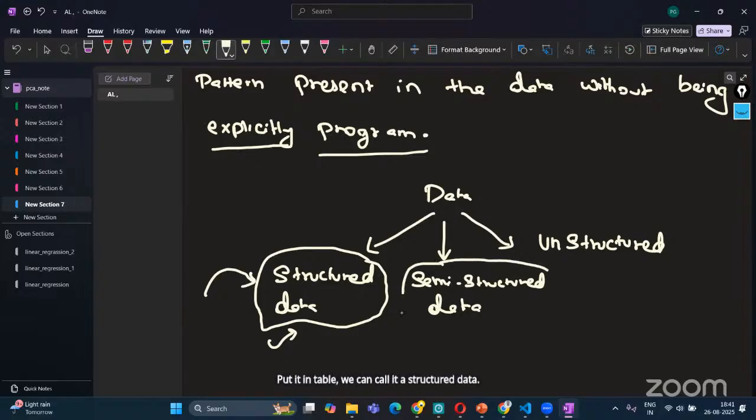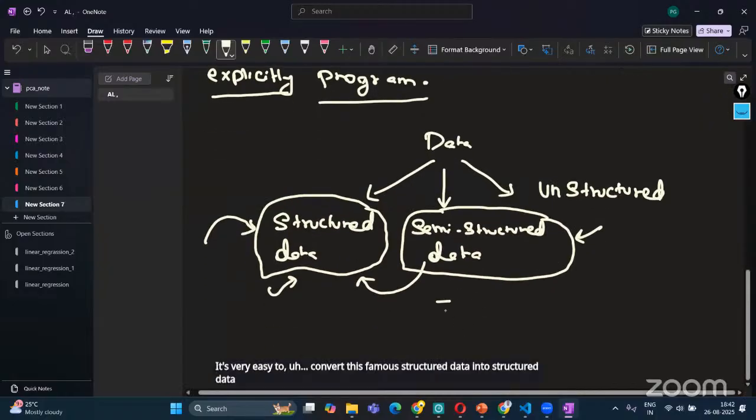When it comes to semi-structured data, if it is not possible to put the data in a table in its raw form, we call it semi-structured. But it's very easy to convert semi-structured data into structured data.